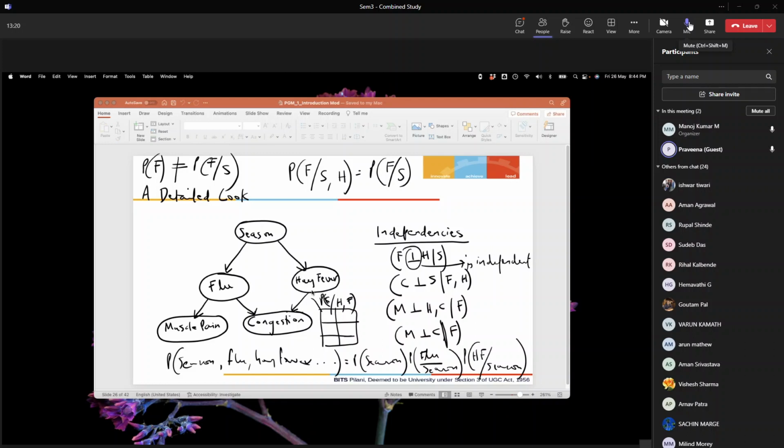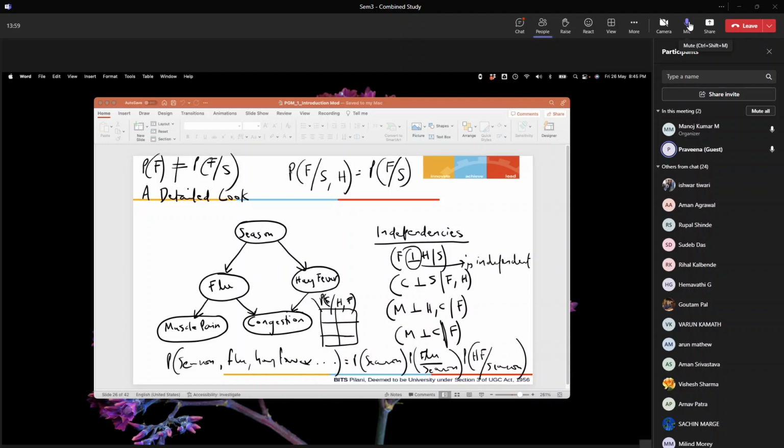So if I had pictorially depicted this, I would have been able to eliminate a lot of these cells over here, which are not really required for my computational purpose. Therefore I would have been able to write the probability of season, flu, hay fever, muscle pain, and congestion in a simpler way, eliminating a lot of factors from the probability calculation.